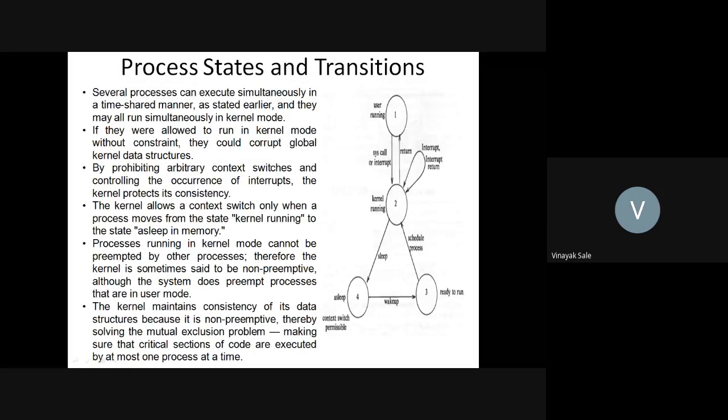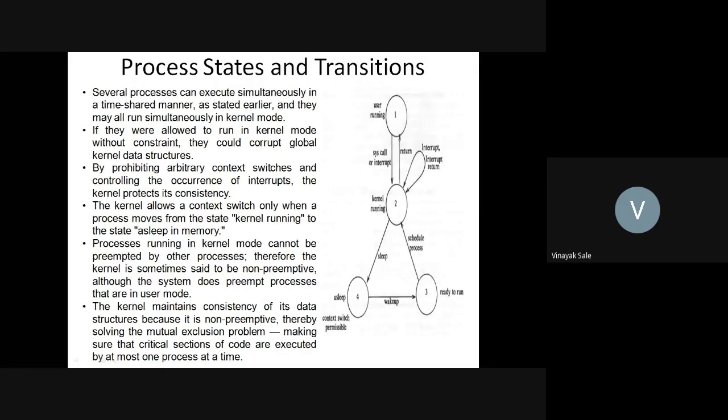So several processes can execute simultaneously in a time sharing manner. As stated earlier, they may run simultaneously in kernel mode. If they were allowed to run in kernel mode without constraint, they could corrupt global kernel data structures.